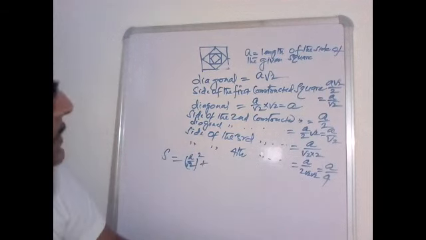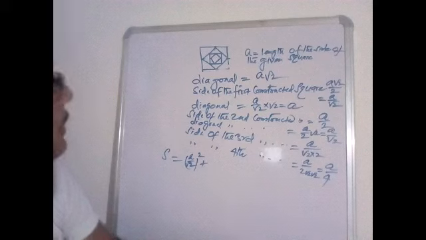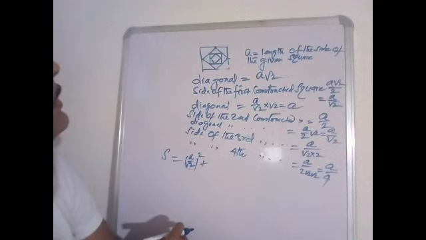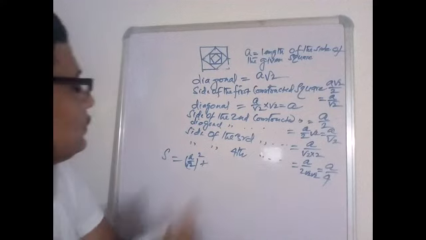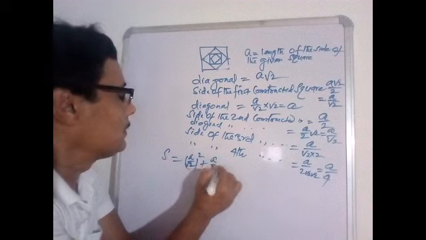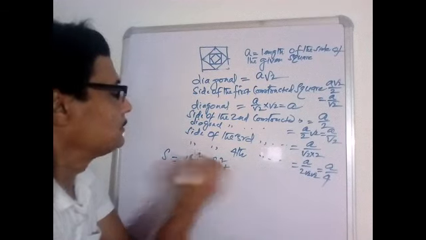Area of the second constructed square: the side of the second square is A by 2, so its area is (A by 2) square.